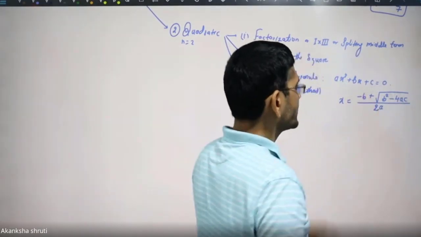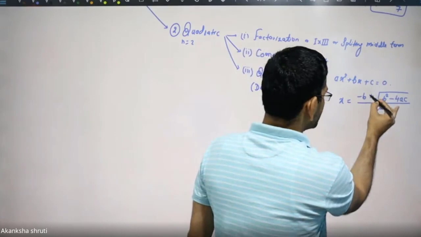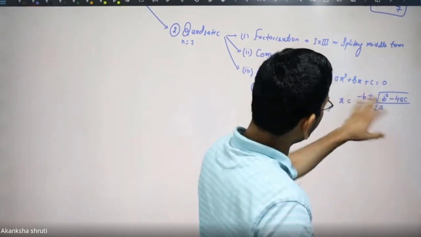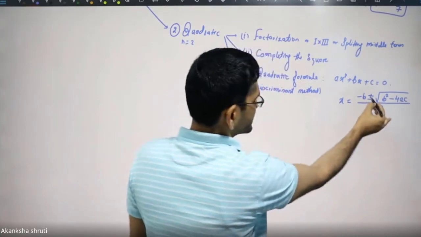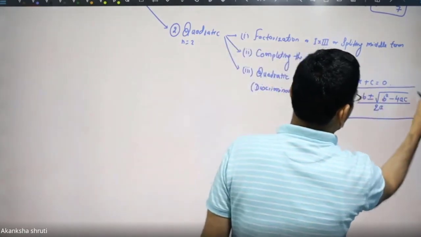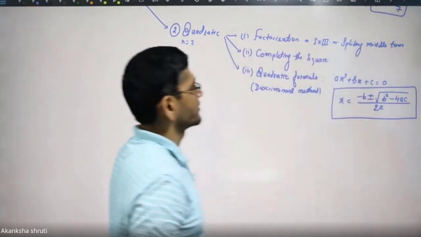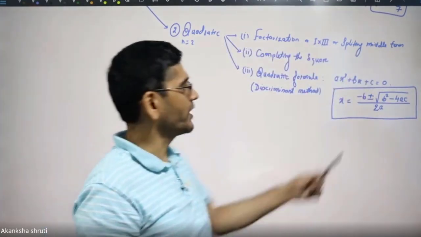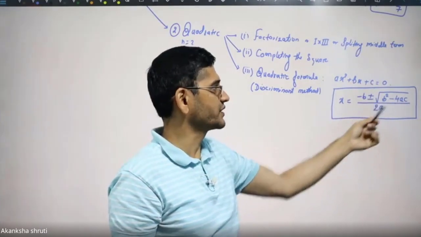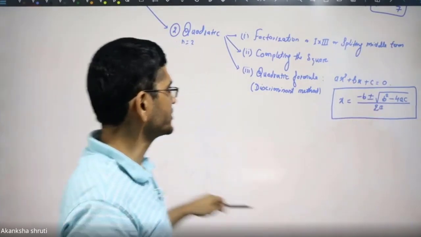Other time, in place of this addition, you take the subtraction. So both addition and subtraction are written together in this single formula. Basically the graph is based on this condition only, which we will do later.